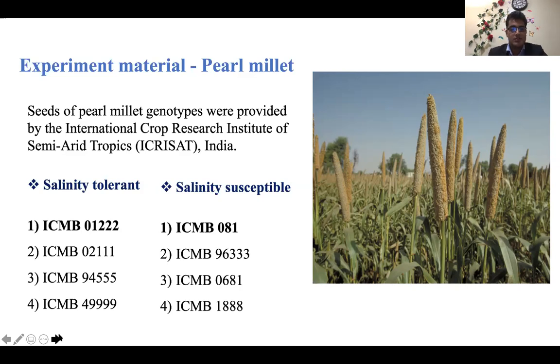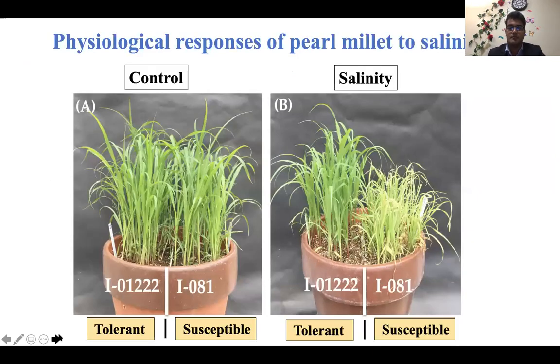After selecting these 2 lines from our initial trials, we again performed physiological analysis of these 2 lines to compare them. We grew both these lines in the same pot. Here you can see the left panel is the control situation.